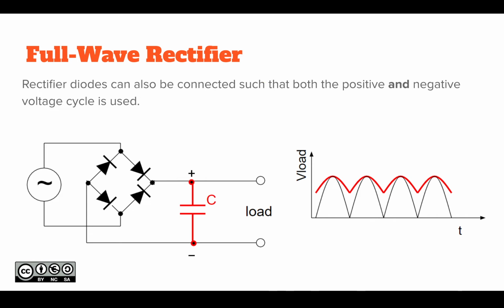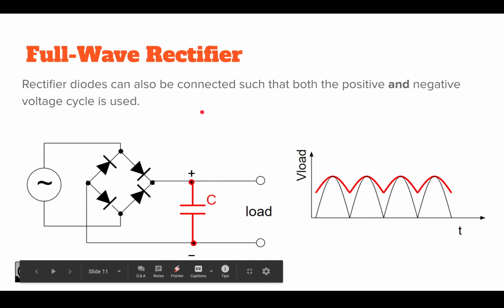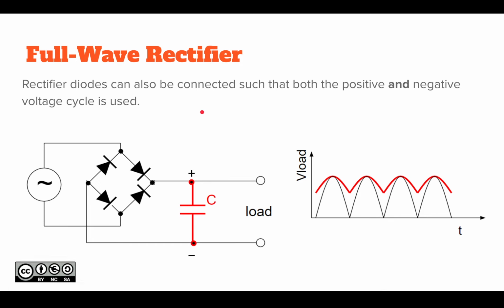But for simplicity, the phenomenon can already be seen on the half-wave rectifier. The full wave rectifier is nothing more than making this a 4-diode mesh, which will give you the negative cycle also as a working cycle, so it uses both positive and negative cycles.